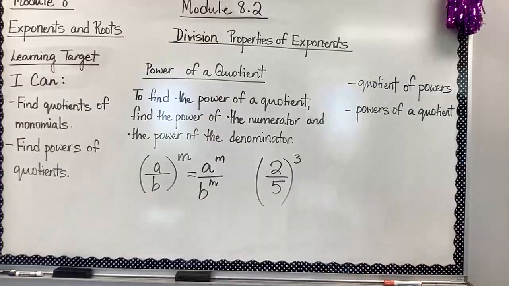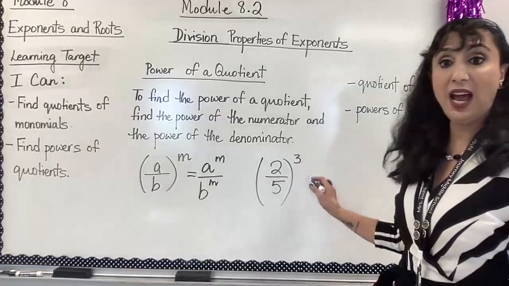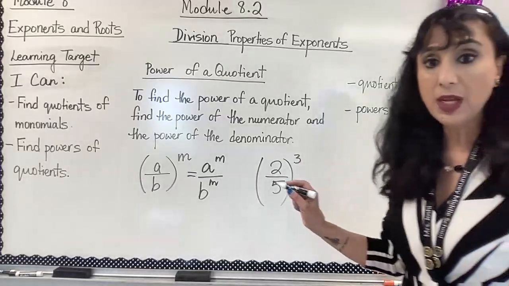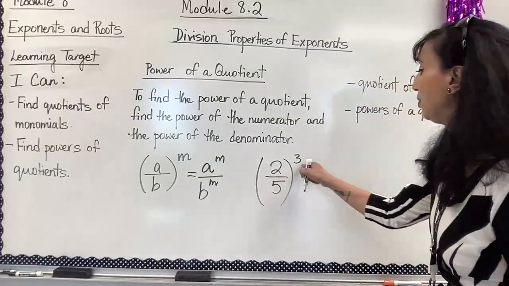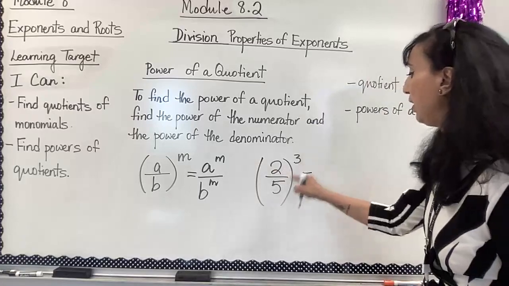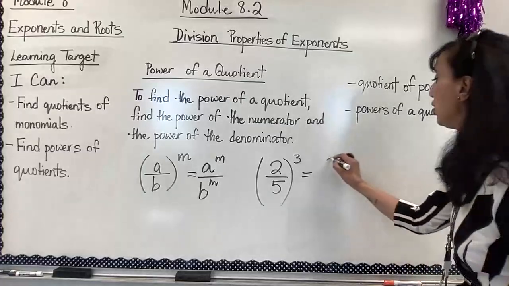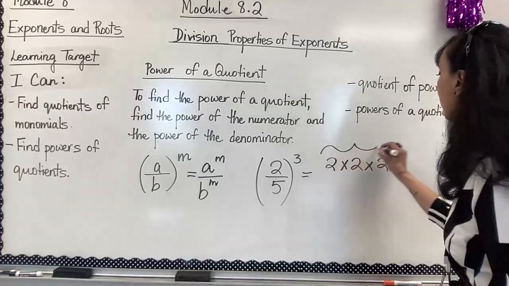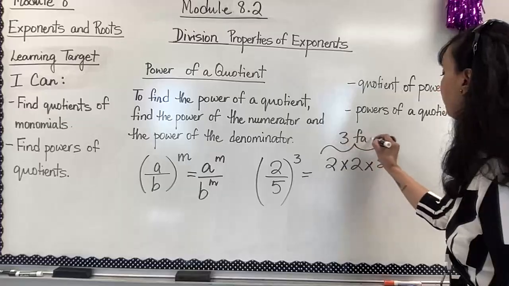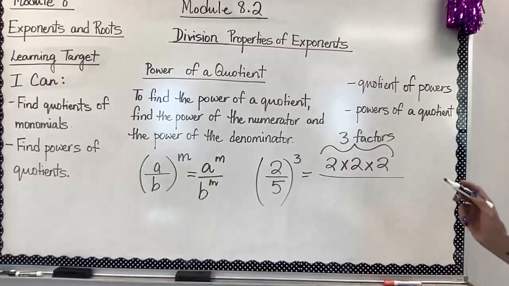Okay, so let's look at the example that I have sitting over here, which is 2/5 to the 3rd power. So this basically means that I'm going to have 3 of this factor and 3 of this factor. And so we have 2 times 2 times 2. Look, we have 3 factors here because it's cubed. And what do we have at the bottom?